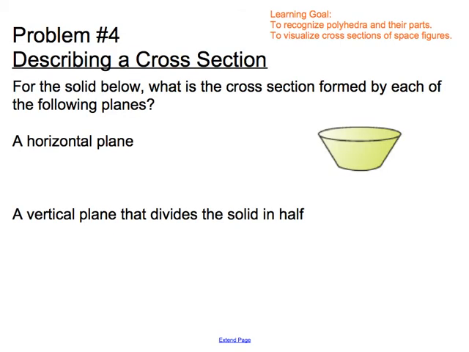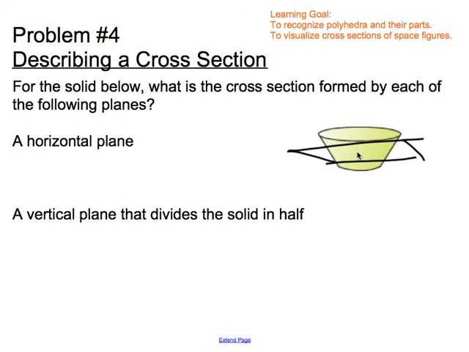So let's talk about the cross-sections formed by cutting a solid object with a plane. If we were to draw a horizontal plane that cut this object, we have to think about what this would look like. So it looks like the top of this object, the horizontal top, is a circle. It looks like most likely the bottom would also be a circle.